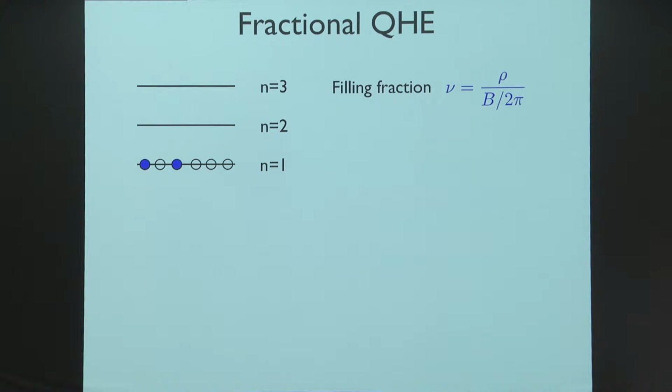Say, for example, we have here 6 states on the lowest Landau level, but we have only 2 electrons. Or we can go closer to the thermodynamic limit, think about 6 billion states in the lowest Landau level and only 2 billion electrons. In this case, the filling fraction would be equal to 1/3.